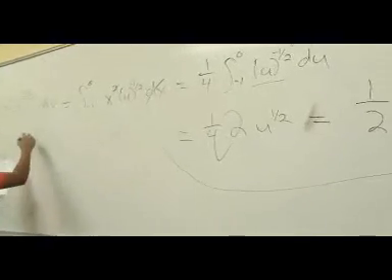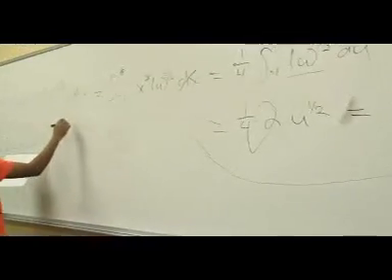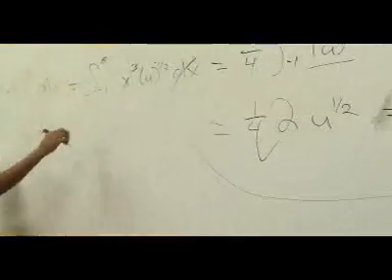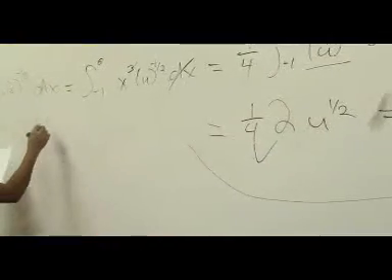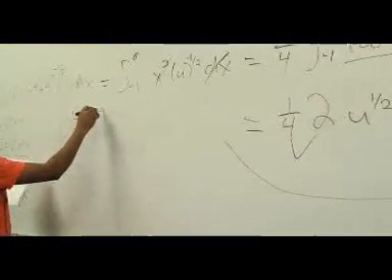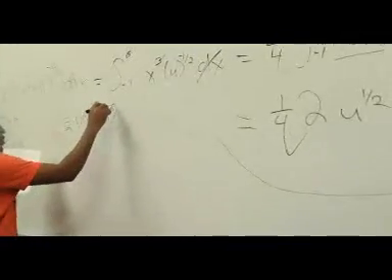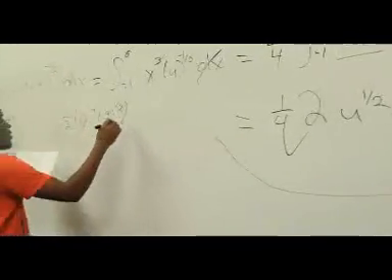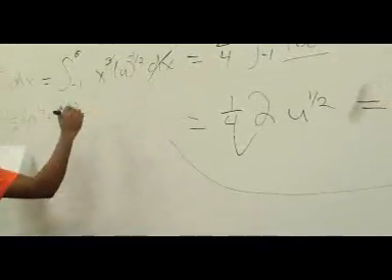Our first limit is 0: 1/2 times 0 to the 4th plus 9 to the 1/2, minus the bottom limit.